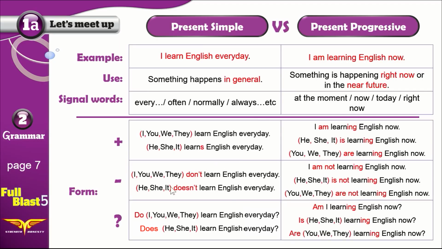Now, I want you to notice something very important in the negative form and in the question form. We don't add s to the verb learn if the subject is he, she, or it. Only in the positive. This is very important. If it's positive, we have s added to the verb.